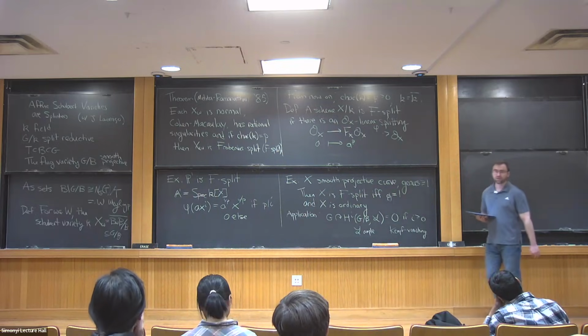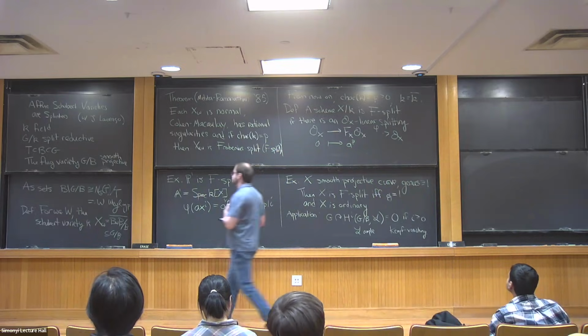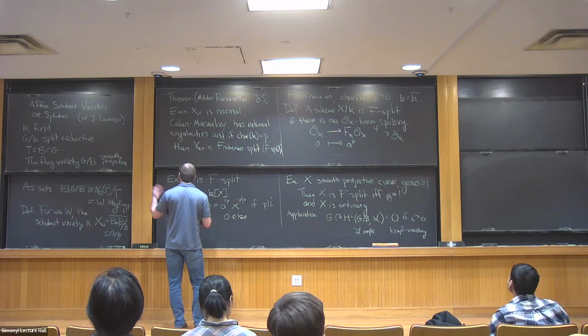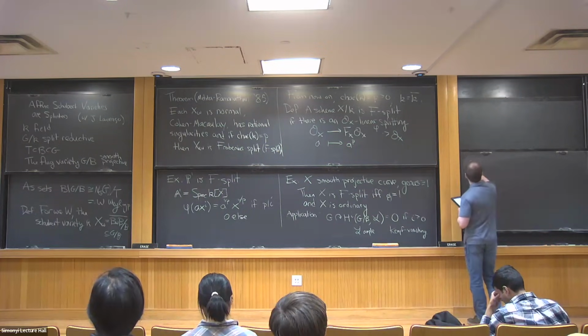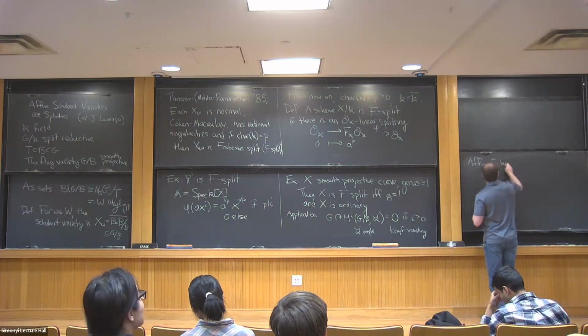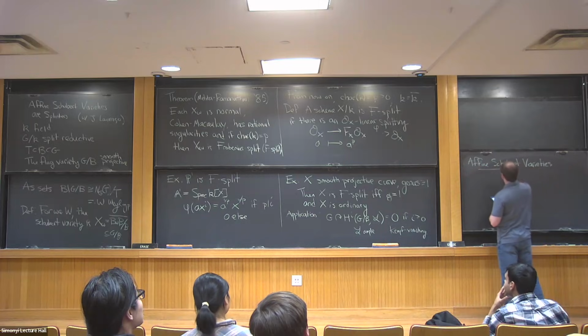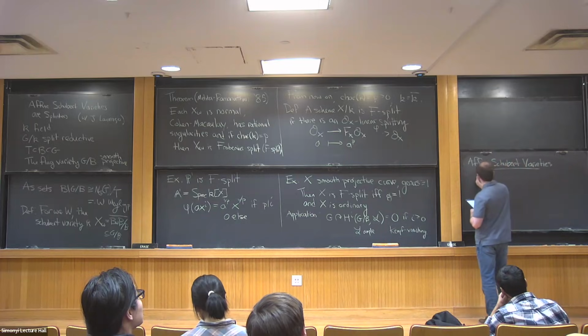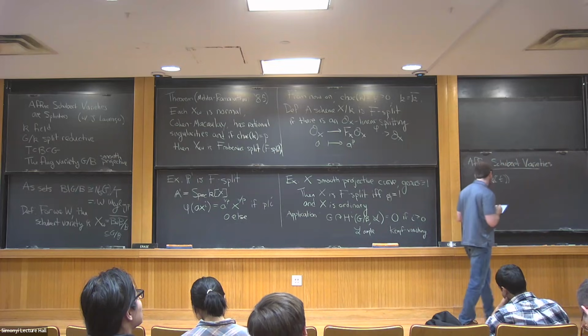Okay, so now I want to talk about affine Schubert varieties, which are sort of a number theoretic analog of ordinary Schubert varieties. The setup here: I'm going to take E to be the Laurent series field in one variable.